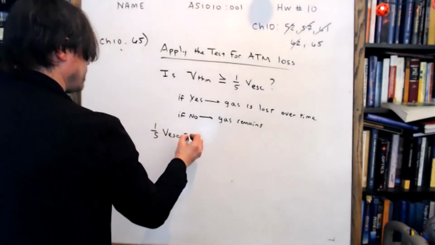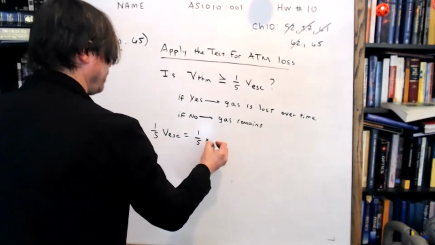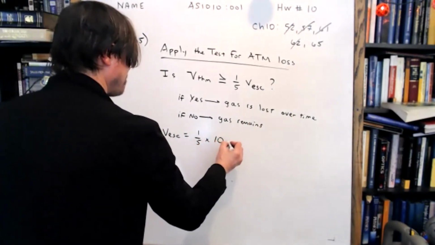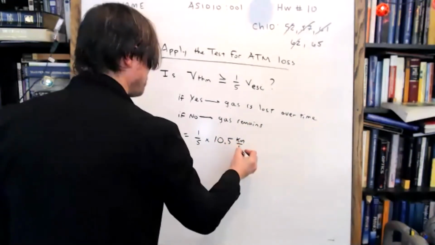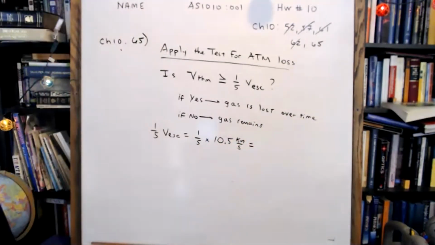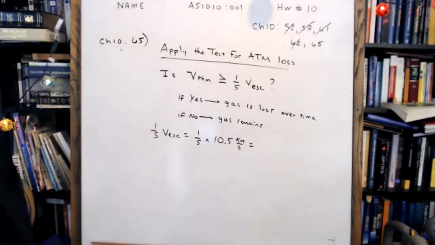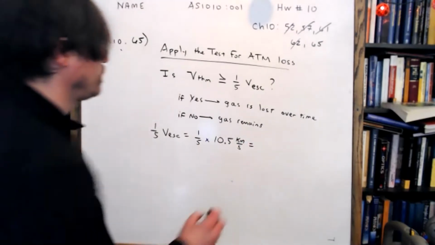In our case, 1/5 of the escape velocity is 1/5 of 10.5 kilometers per second. Punch that up, kids. I got 2.1.